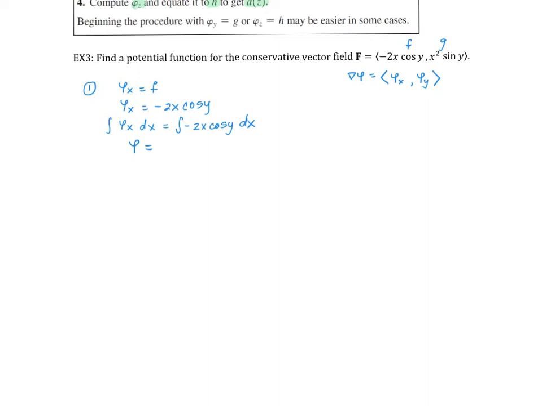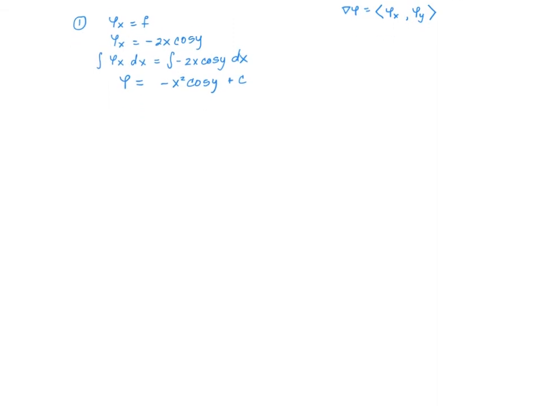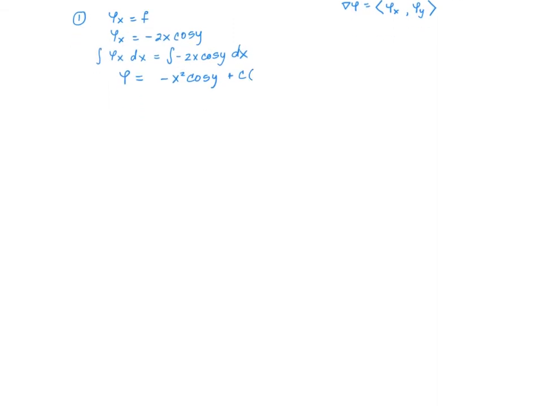Now on the right-hand side, if we integrate with respect to x, remember the negative 2 cosine y we treat as if it were a constant, so the x is going to be x squared over 2. The 2's will cancel, and I'll have a negative x squared cosine of y plus some constant. But remember, since I integrated with respect to x, my constant may not be a number, it may be a function of y.